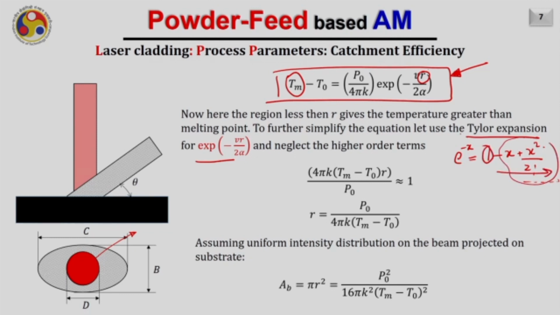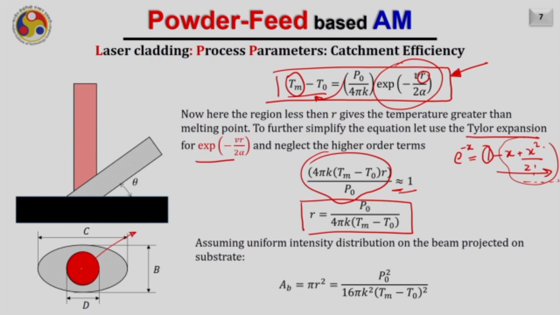In that case, if I consider this to be approximately 1, then if I put this expression also on the left side, this whole term will be equal to 1, and as a result approximately the radius of this melt pool will be equal to P naught divided by 4 pi k into Tm minus T naught. So this is an approximation to find the radius of the melt pool.